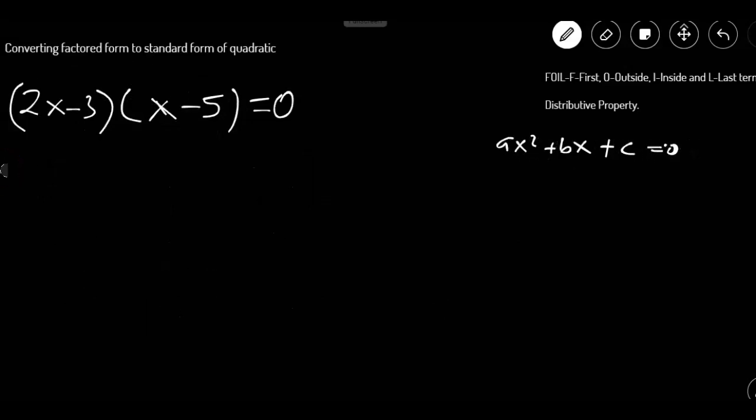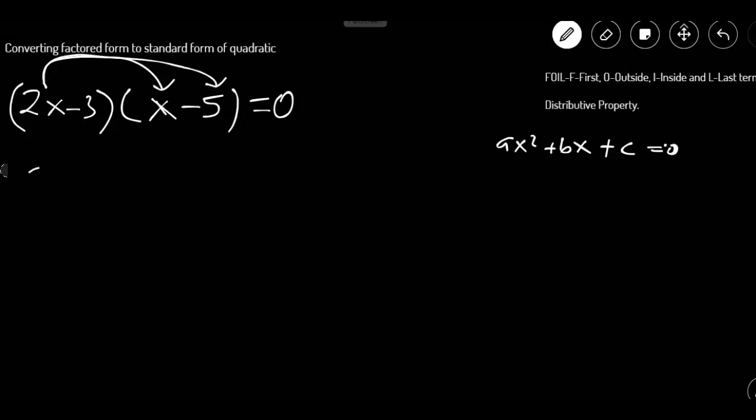Okay, we have example 2 here. (2x minus 3) times (x minus 5) equals to 0. And now we want to convert this factored form into a standard form. We take our first term, we multiply it here, and at the same time we take it and multiply it to the second here.